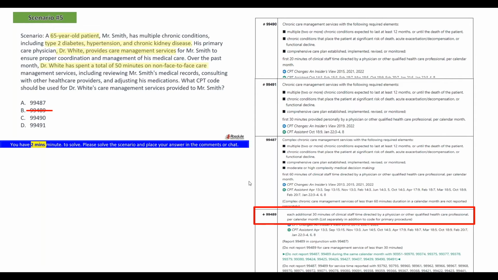Let's see what the next option is. Option C is coding for a chronic care management service with the following requirements: first 20 minutes of clinical staff time directed by a physician or other qualified healthcare professional. So coders, how about option C? Why do you think option C is incorrect?